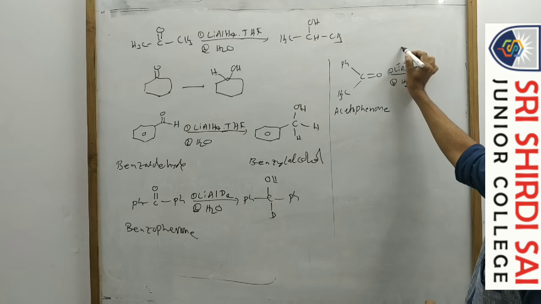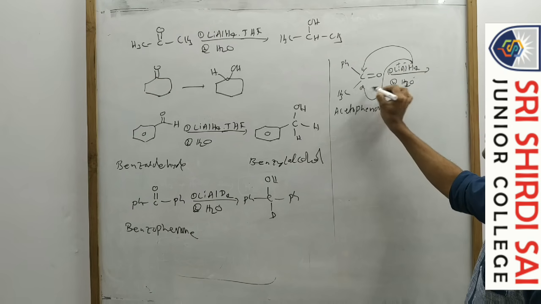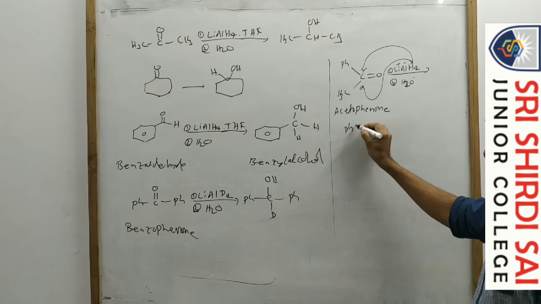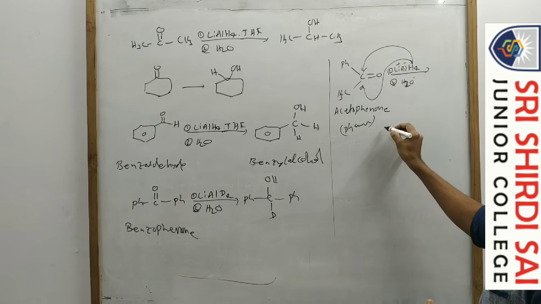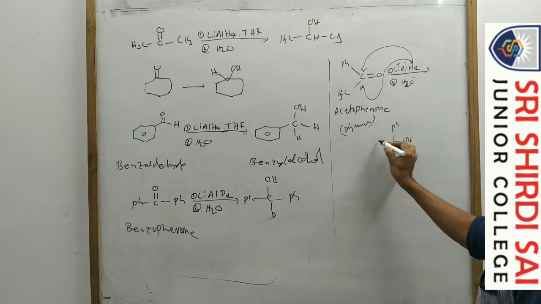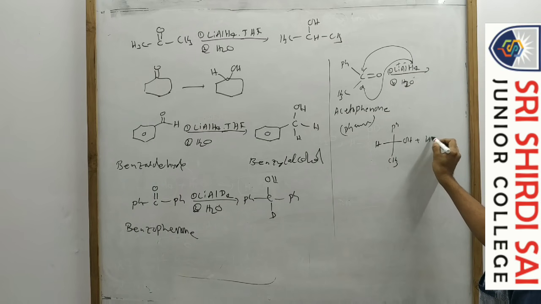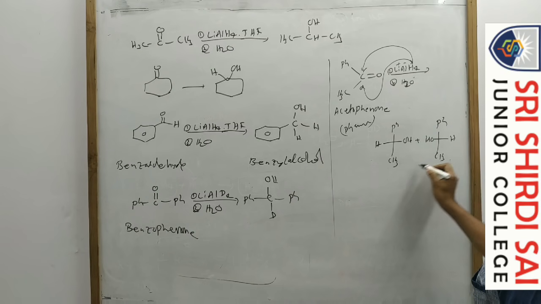So H minus attacks from either the front side or the back side, because this is a planar compound. The positively charged carbon is attacked by H minus from either side, so we will get two products. That means Ph CH3 OH H, or its mirror image. That means it is a racemic mixture.